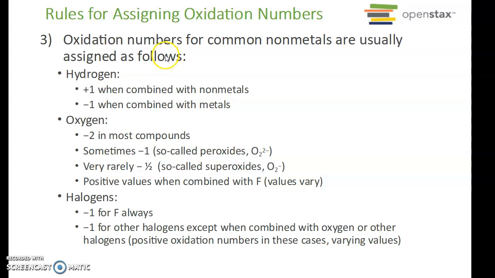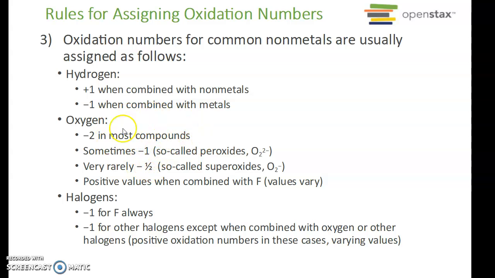So the oxidation number for common nonmetals is usually assigned as follows. Hydrogen is +1 when it's combined with nonmetals, -1 when it's combined with metals. Okay? And you know from the periodic table which ones are metals and nonmetals. Oxygen is -2 in most compounds. Sometimes it's -1, very, very rarely it's -1/2.